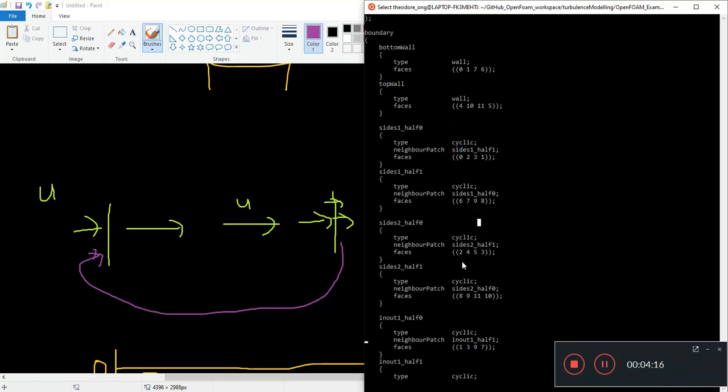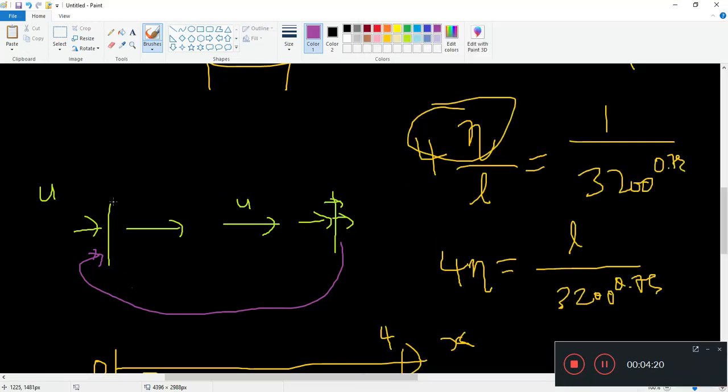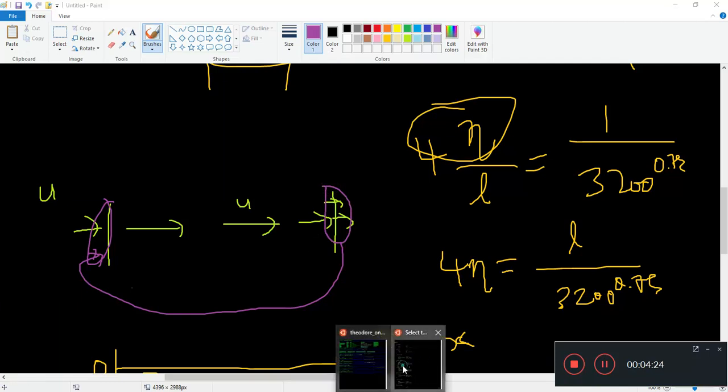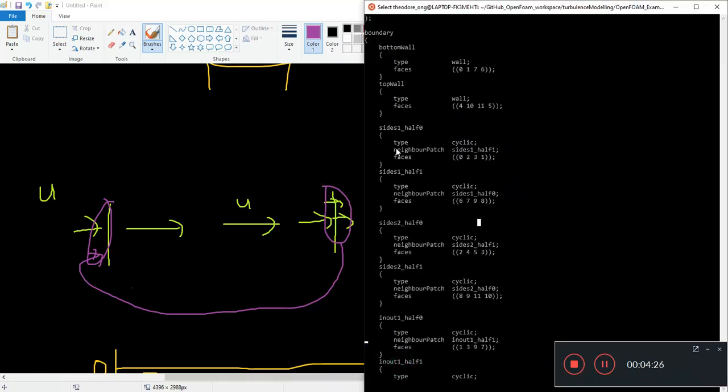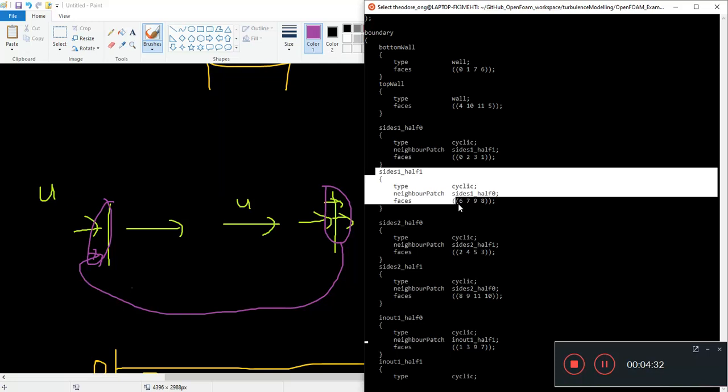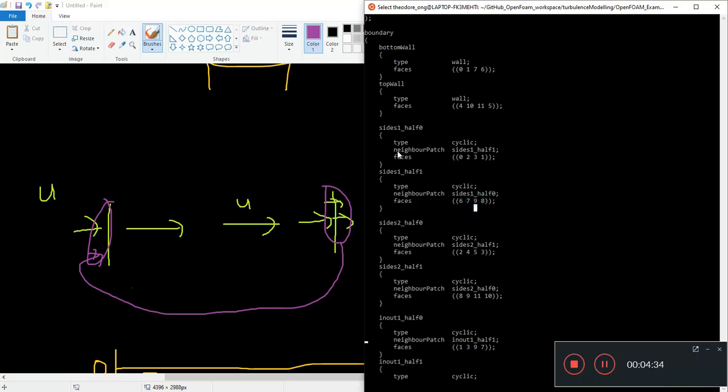Now how do you tell OpenFOAM which two surfaces to connect together? You specify it with this thing called neighbourPatch. So this side's half 0 is connected periodically to this side's half 1, because the neighbourPatch of sides half 0 is sides 1 half 1, which is this patch, and this patch should also have the neighbourPatch saying sides 1 half 0.